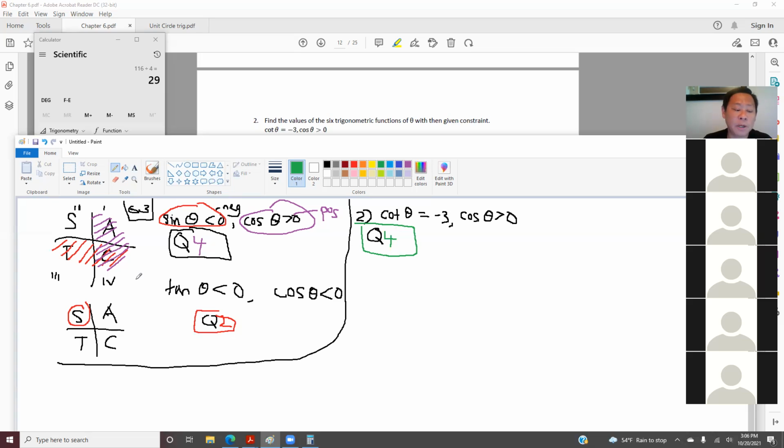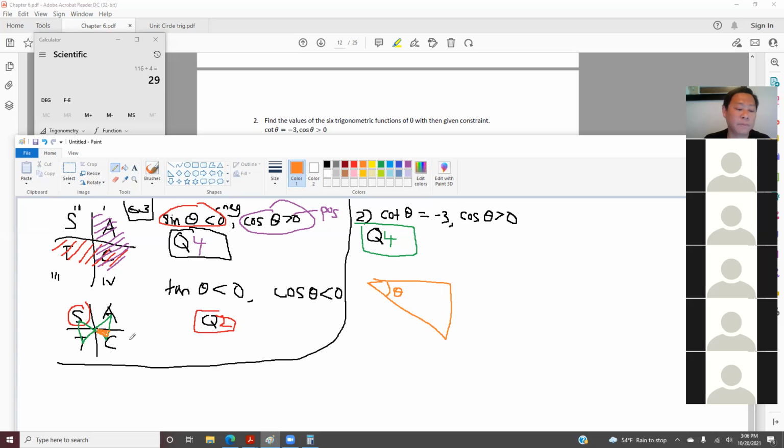Do you guys remember the picture for the triangle for quadrant 4, what it looks like? Because the question wants us to find the 6 trigonometric functions. So the picture for quadrant 4 is this one, the one I shaded in orange. This is the picture we will draw for quadrant 4 triangles.